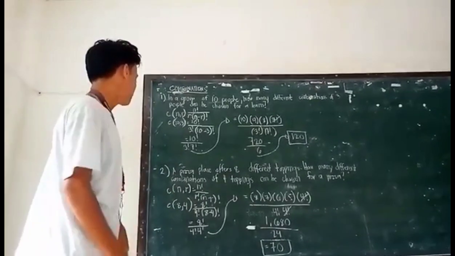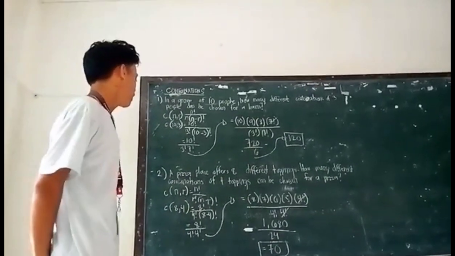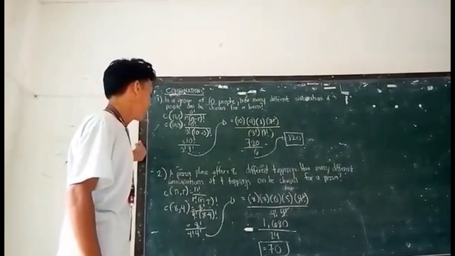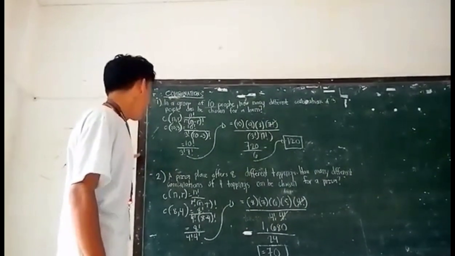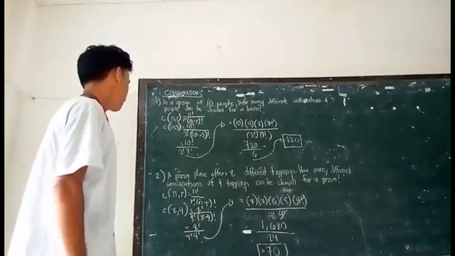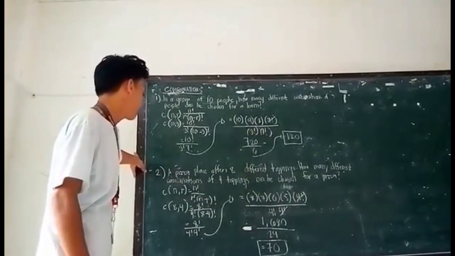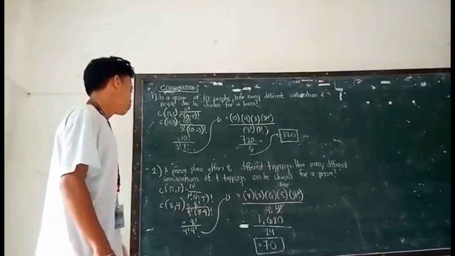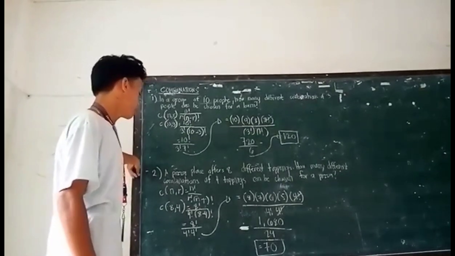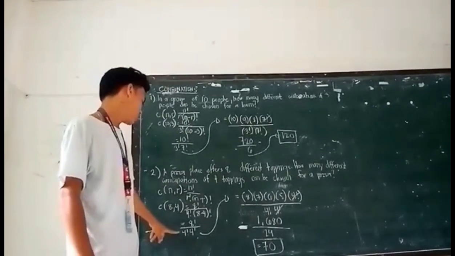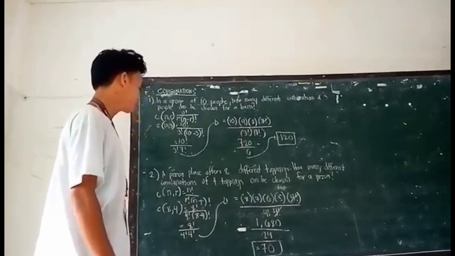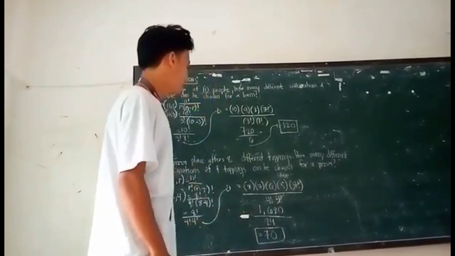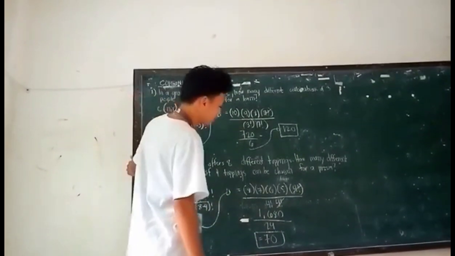Combination C(n, r) equals n factorial over r factorial times (n minus r) factorial. C(8, 4) equals 8 factorial over 4 factorial times (8 minus 4) factorial, equals 8 factorial over 4 factorial and 4 factorial. 8 times 7 times 6 times 5 equals 1,680. Then cancel the 4.